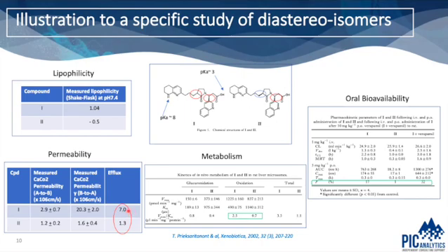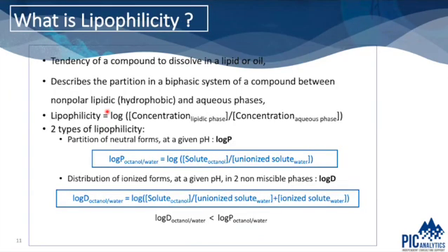But the question is, what if they had measured the PAMPA? Probably the PAMPA permeability would have provided a completely different permeability just based on the lipophilicity. That's just my comment.